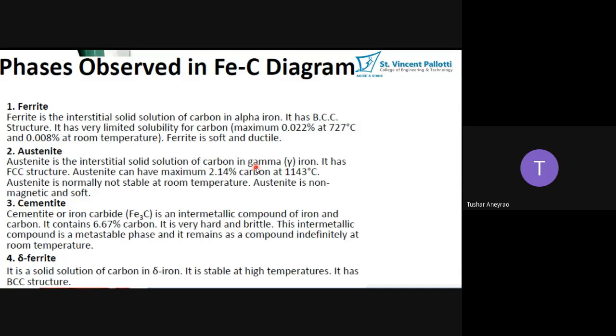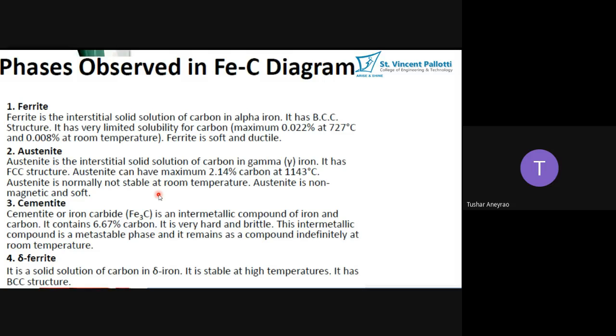Austenite is normally not stable at room temperature, and austenite is non-magnetic and soft, as well as ductile and malleable also. So you can see what statement has been made here. Austenite is normally not stable at room temperature. It doesn't mean that the austenite is not at all present at room temperature. Okay, please keep this in mind.